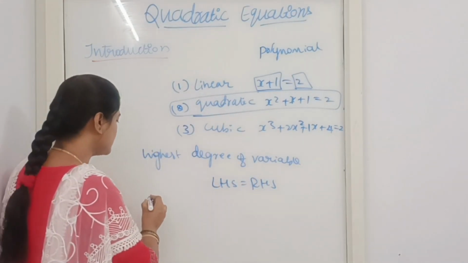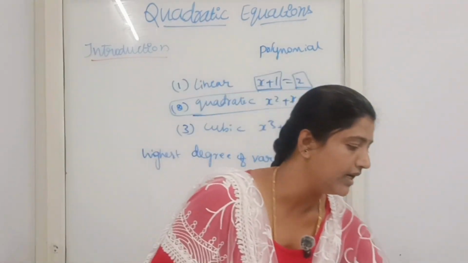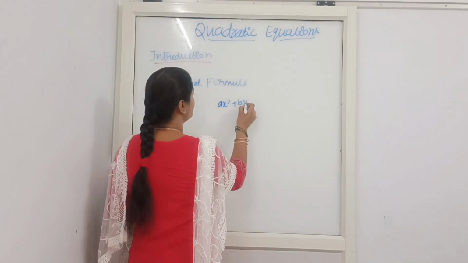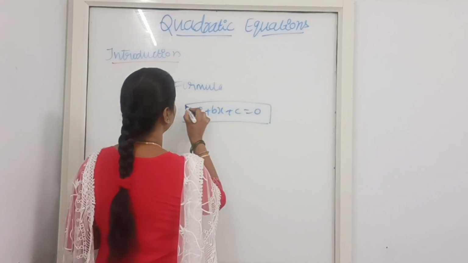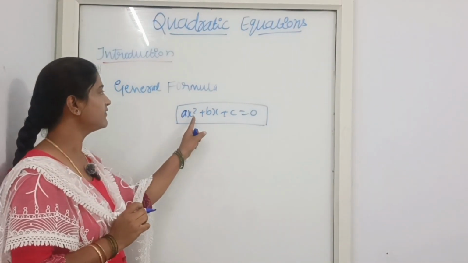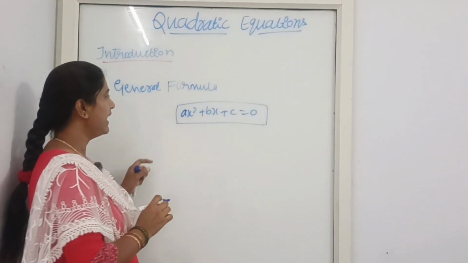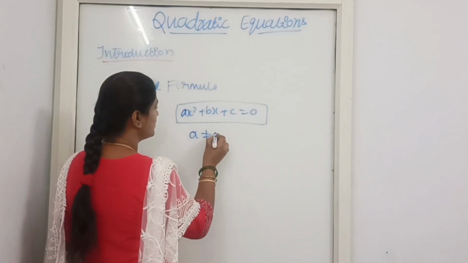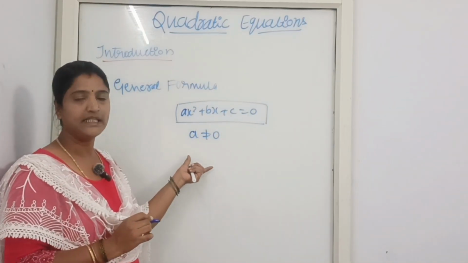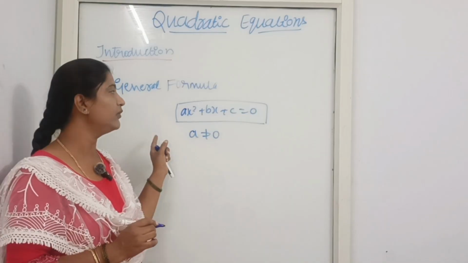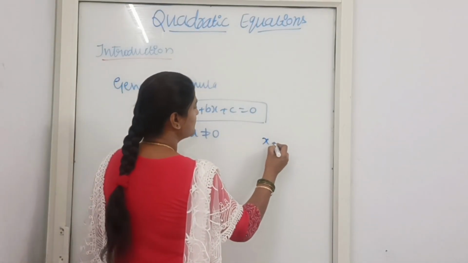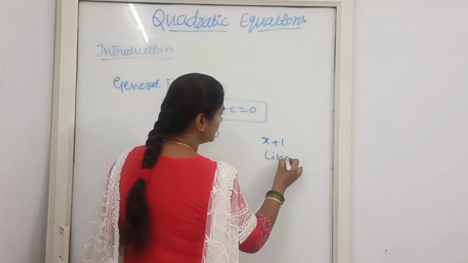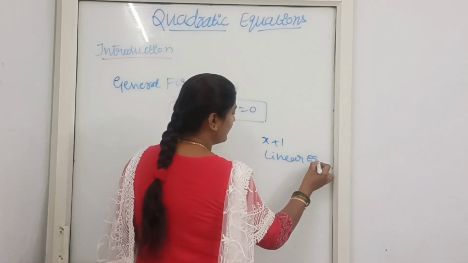Let us understand the general form: ax square plus bx plus c is equal to 0. The highest power of the variable is 2, and here a is not equal to 0. That is the condition. If a is equal to 0, it won't come under a quadratic equation; only bx plus c remains, which is called a linear equation.